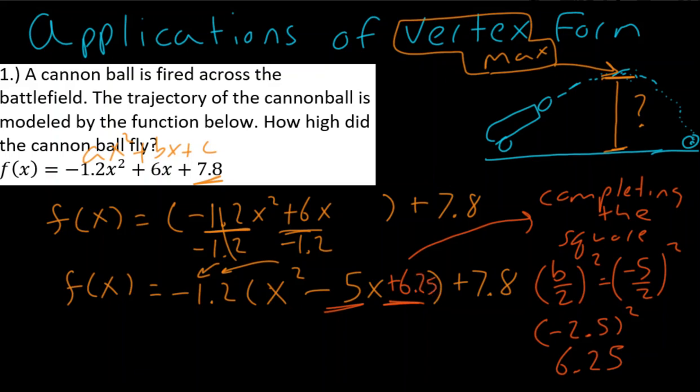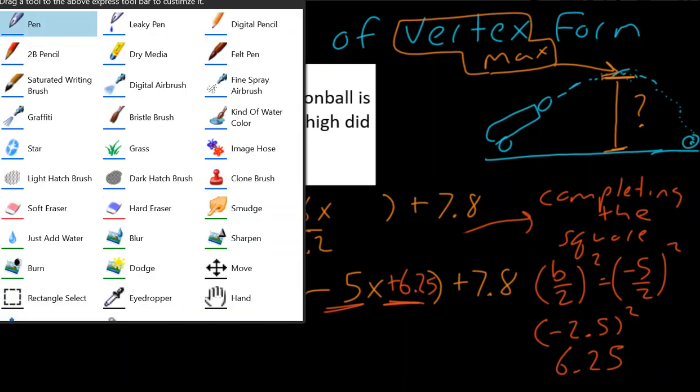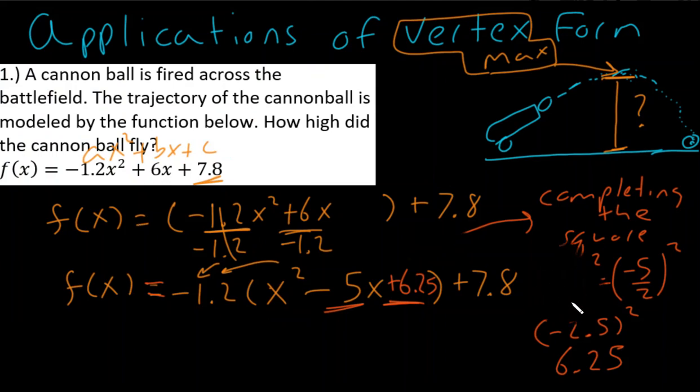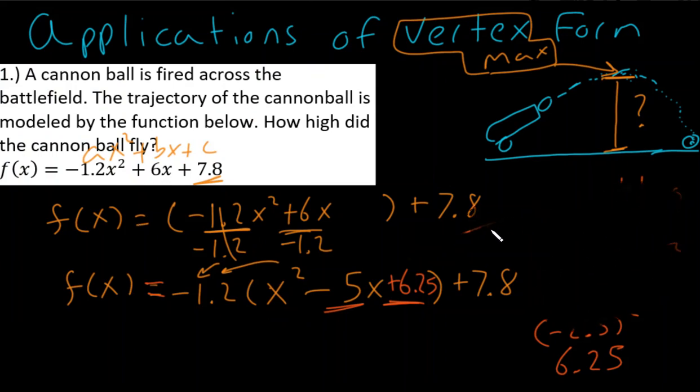Now notice though, you just added a number to the right side of this equal sign. So we have to balance this out somehow. What I would encourage you to do, as you're first learning this, is say, okay, this 6.25 is not really a 6.25.